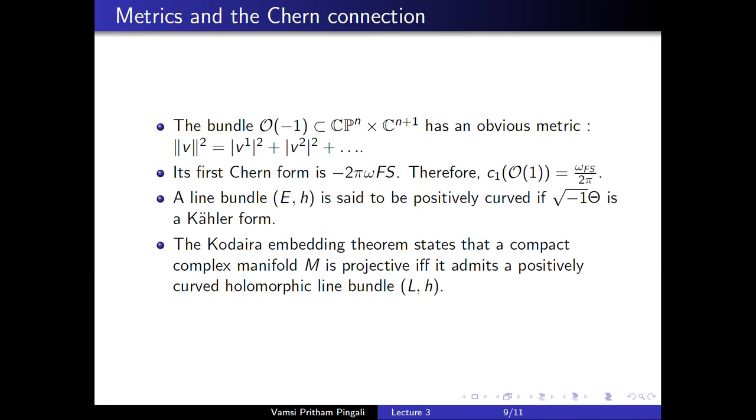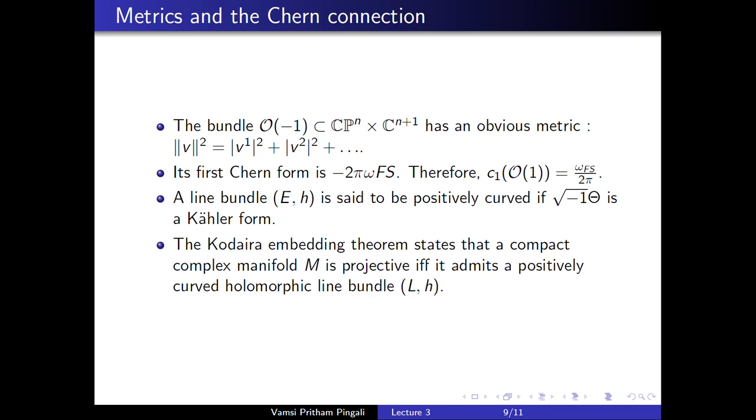The converse is also true. If you have a positively curved holomorphic line bundle on a compact manifold, that compact manifold is secretly a submanifold of projective space. Of course, this only transfers the onus to finding such a positively curved holomorphic line bundle.